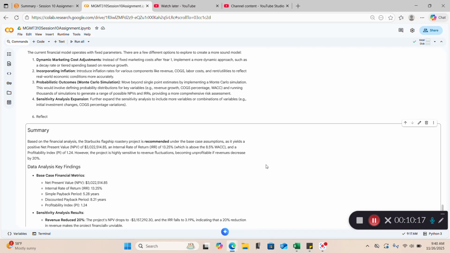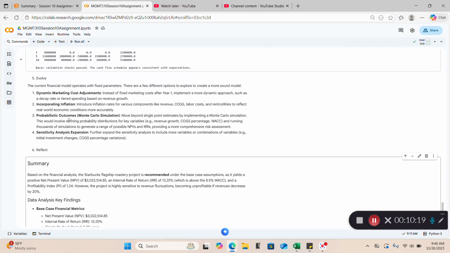Again, I would suggest doing a Monte Carlo simulation to get a better understanding of how these simulations work and to get a better fitting model. Instead of going off of one simulation, one prediction, it'd be better to have a bunch of simulations and then use that as our base. But yeah, that's my assignment.